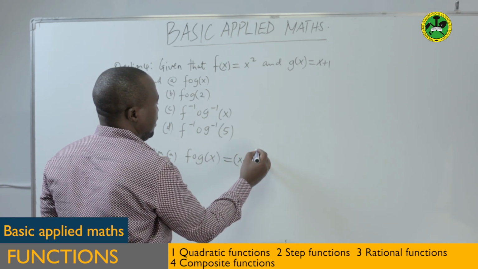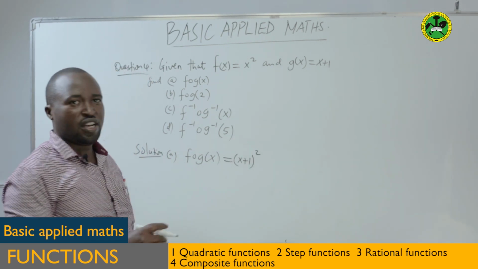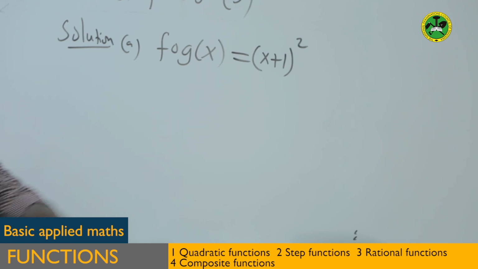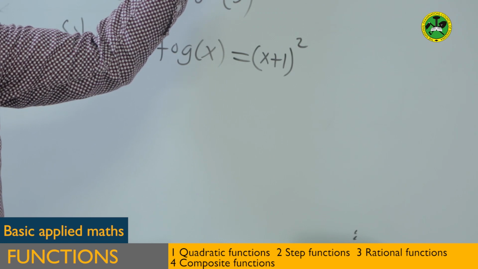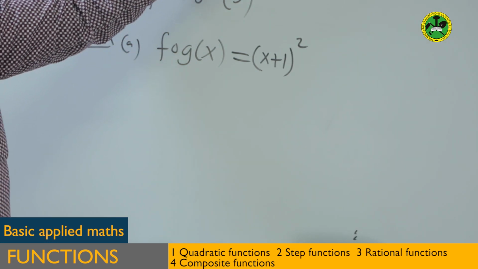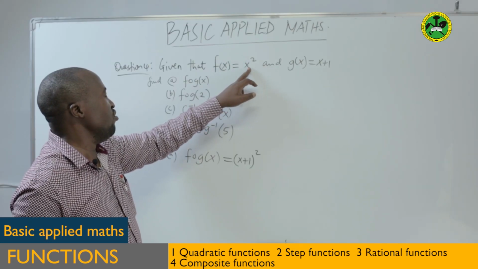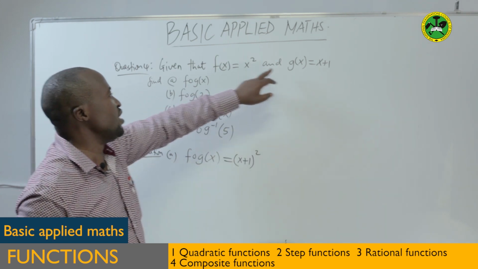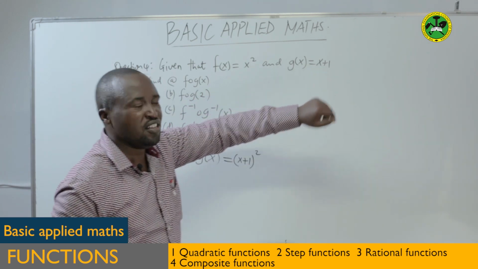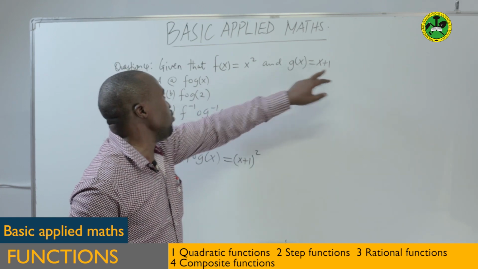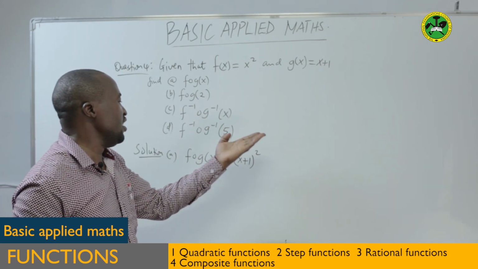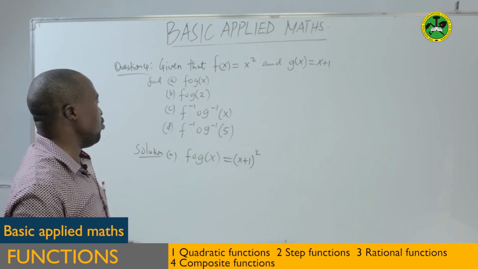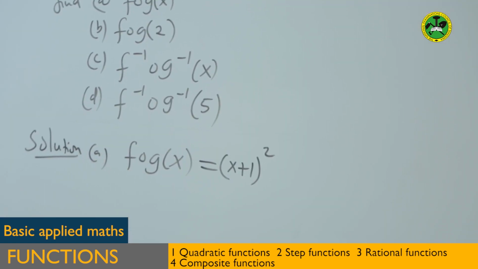But remember, this one is squared. So it will be x plus 1 squared. So that is what we call f of g of x.